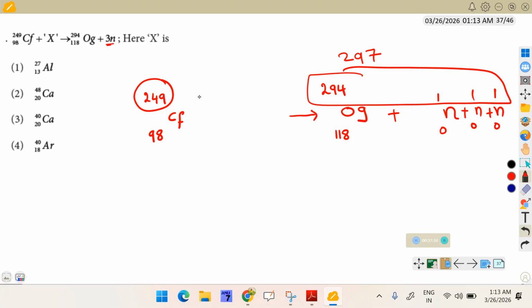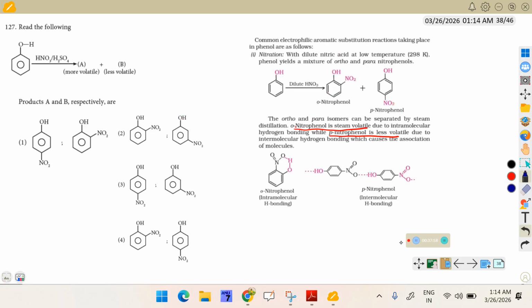If you add 48 to 249, then the mass numbers remain the same. Product side atomic number is 118, reactant side is 98. You can add 20, then the atomic number sum is also equal. So the second option is the correct option.